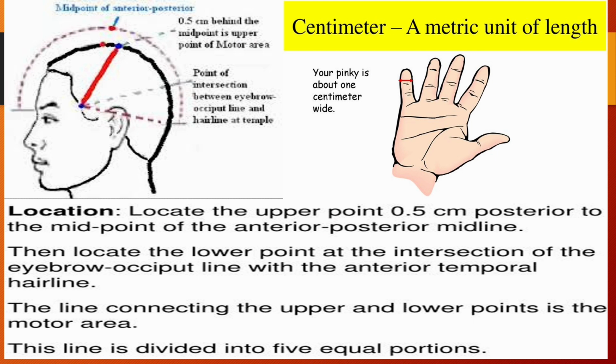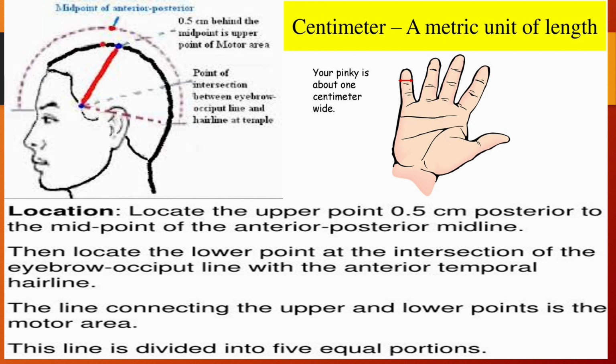Locate the upper point 0.5 centimeter posterior to the midpoint of the anterior posterior midline. Then, locate the lower point at the intersection of the eyebrow occipital line with the anterior temporal hairline. The line connecting the upper and lower points is the motor area.